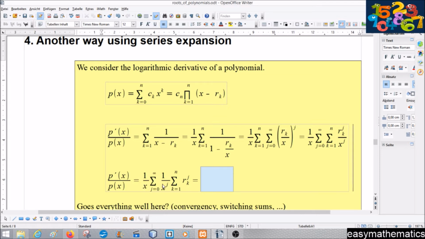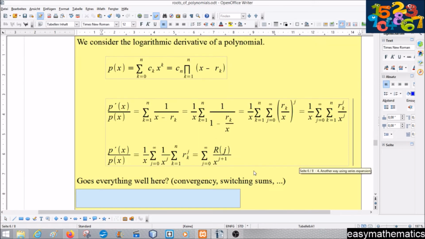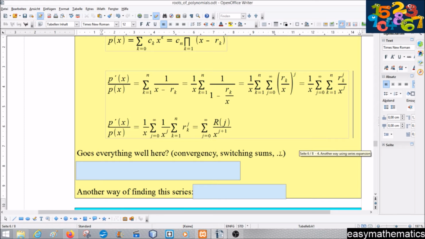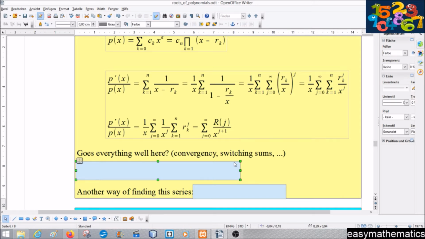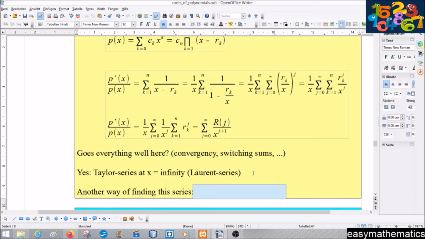This x comes inside in this sum, and therefore the logarithmic derivative of this polynomial is the following sum: j equals 0 up to infinity of r of j over x to the power j plus 1. And like I said, for switching sums and the convergence, I let you think about that.